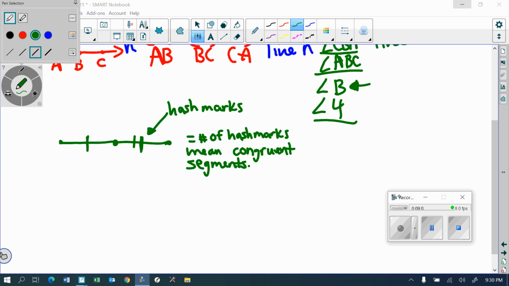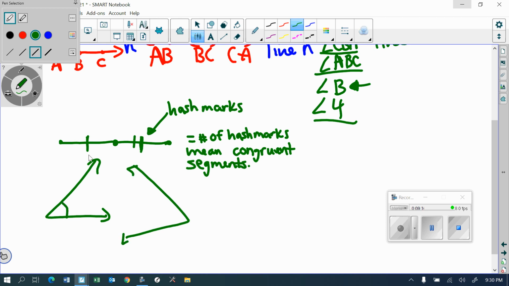All right. I could have it on angles as well. So if I drew an angle here and drew another angle here, and I put an arc, these are called arcs. The same number of arcs means those angles are congruent.